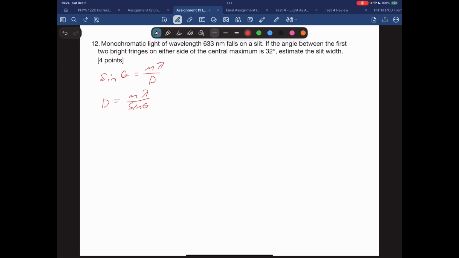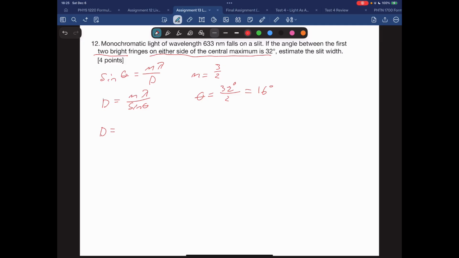Now, when we go to plug in, there are some things to notice. We are looking at the first 2 bright fringes. So our m must then be equal to 3 over 2, and the angle is either side of the central maximum, 32 degrees. So for the same reasons as before, theta is 32 degrees divided by 2, so 16 degrees when I go to plug in.